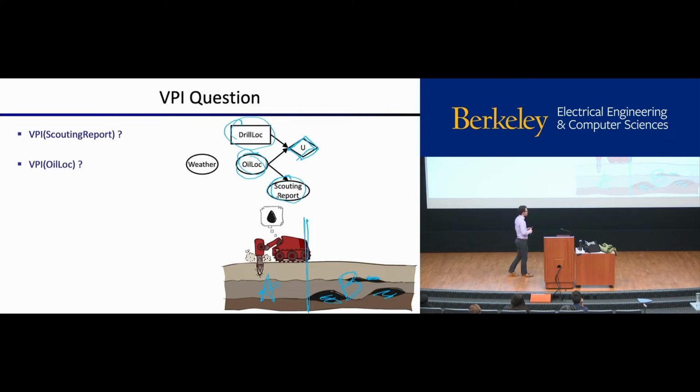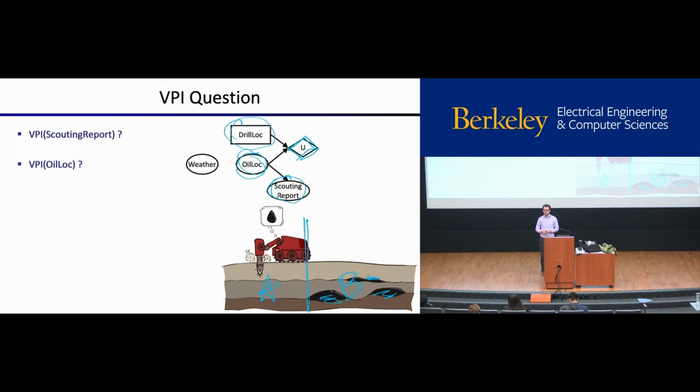And these are not necessarily the same thing. One is the scouting report. This is like getting the forecast. And one is the oil location. This is like knowing what the weather is going to be. Two different things. One is information about an observation, and one is information about like the ground truth variable that is influencing our utility.